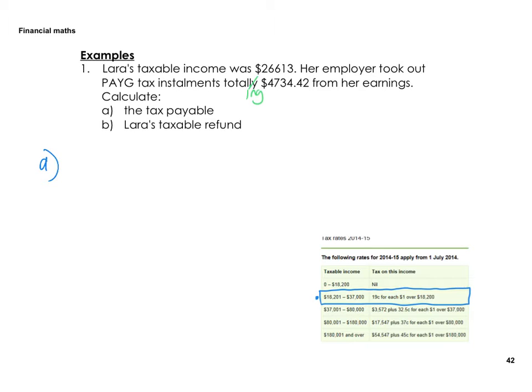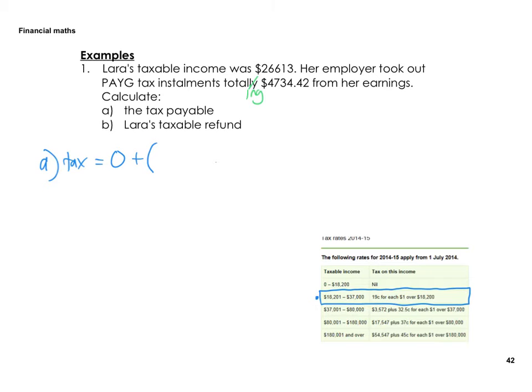Part A, tax equals. As I've already done, the bracket would be this one right here. This is the range, so this is my calculation to figure out the tax. So tax equals. And remember also, in this bracket, there's no starting fee, so I'm going to start by writing 0. 0 plus, then brackets.